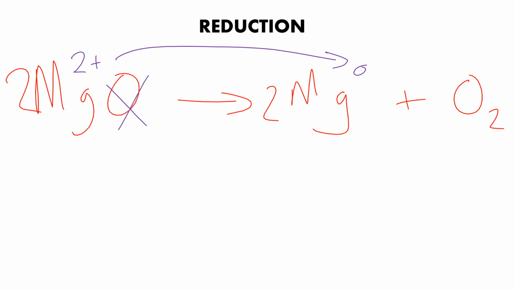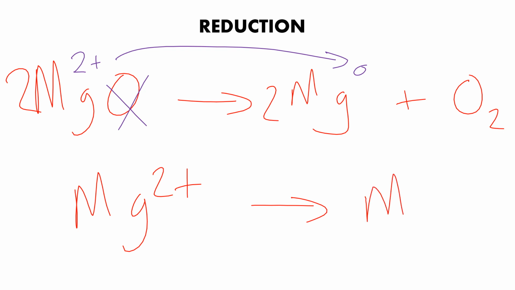And if you look at it a bit more closely, you can see that what's happened to the charge is it's gone down from +2 to 0. How can it do that? By picking up 2 electrons.